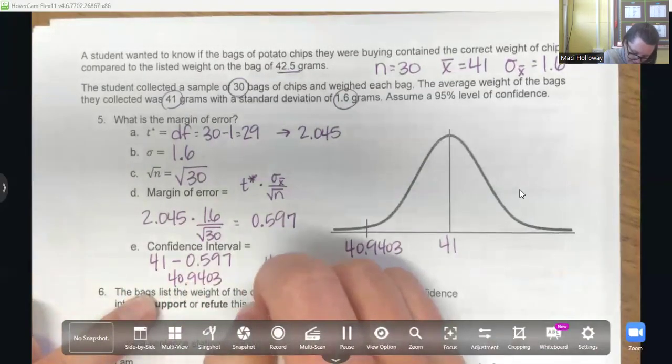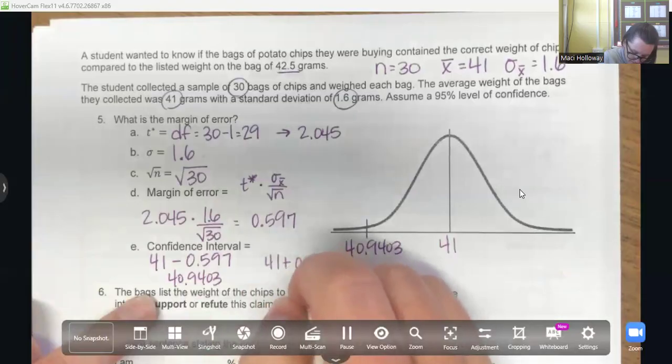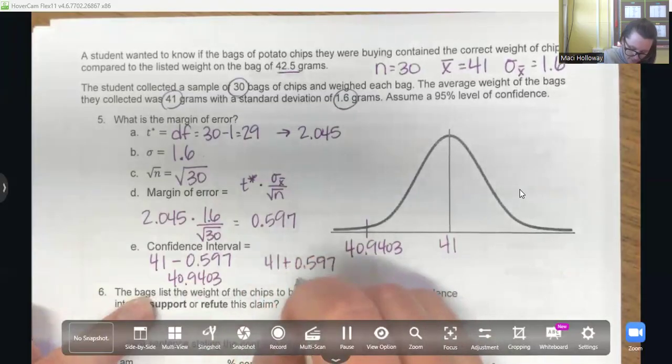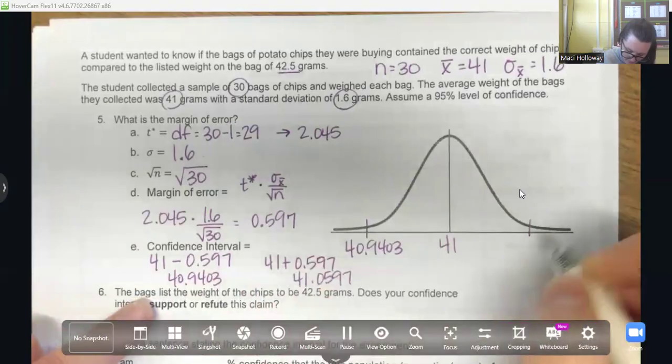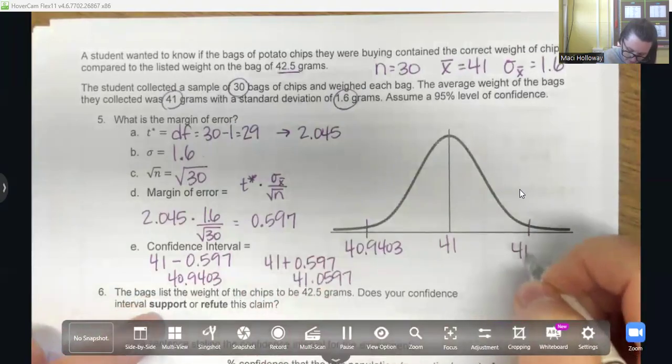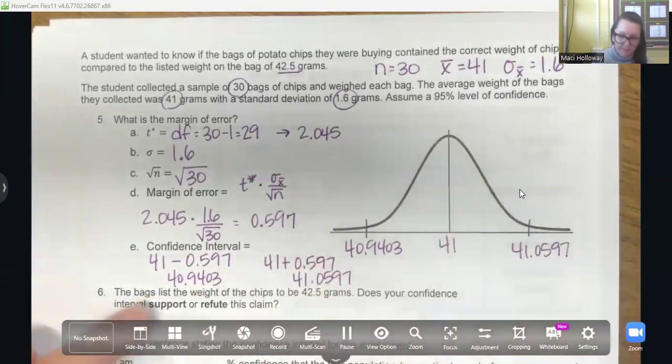And we're going to add 0.597 to get our upper bound. So our upper bound is 41.0597.